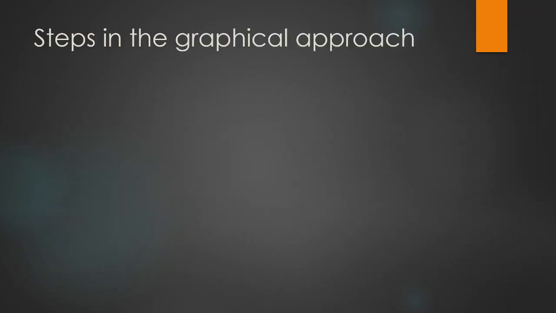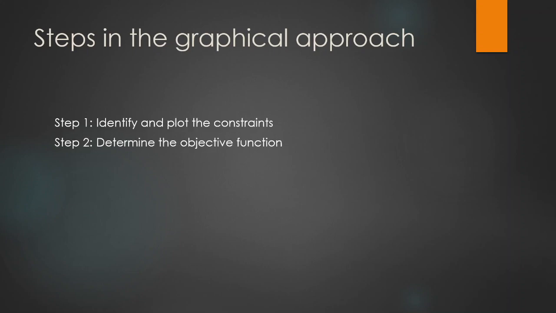Let us break the Simplex approach into some steps. As with the graphical method, the first thing we want to do is to identify the constraints and determine the objective function. Notice this time that we are not plotting these on a set of axes. The axes limit us to two products only.